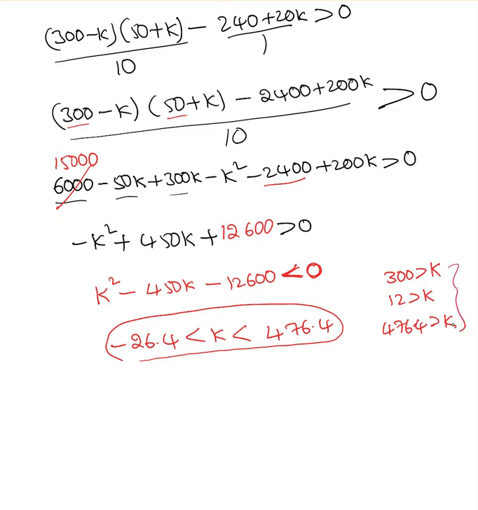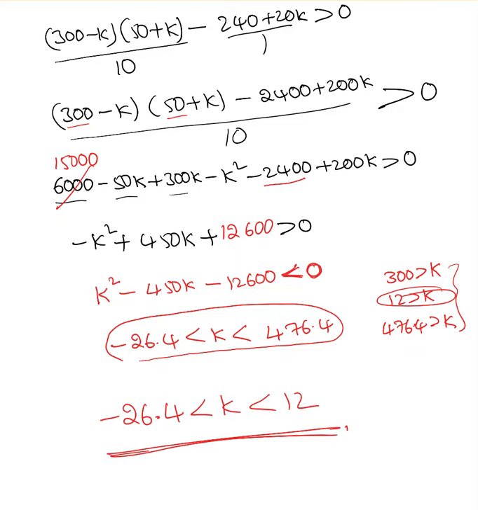So which one should we choose? Here it says k value must not be greater than 12, so we have to choose that number to satisfy all the three upper limits. So here the k value must be greater than minus 26.4 and less than 12. This is the answer.